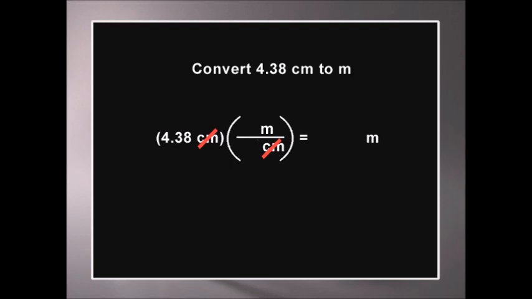There are actually two different ways this factor can be written. It can be written as 1 meter per 100, or 10 to the second, centimeters, or 1/100th, or 10 to the minus second, meters per 1 centimeter. You then do the arithmetic and you obtain an answer of 0.0438 meters.